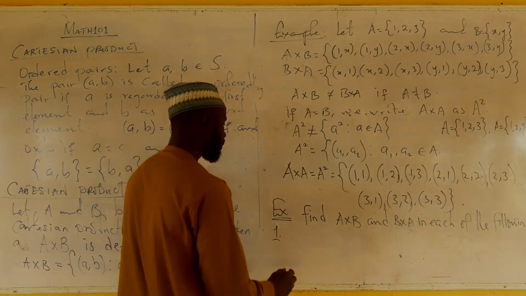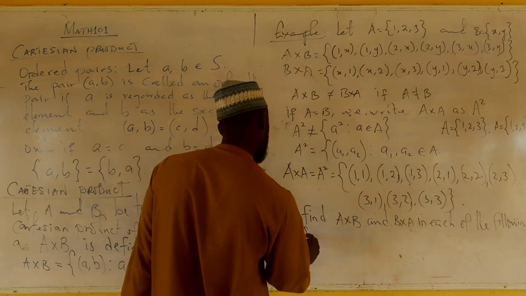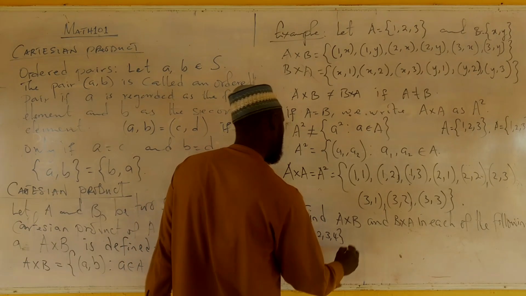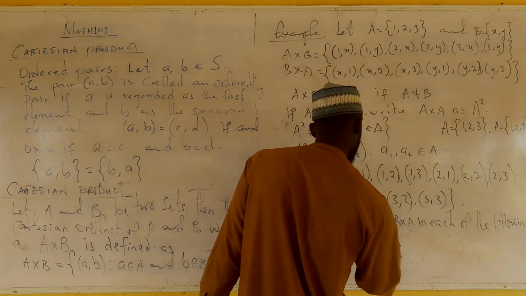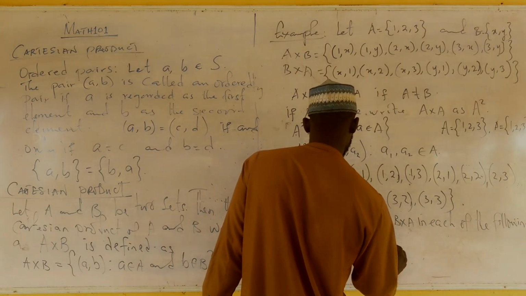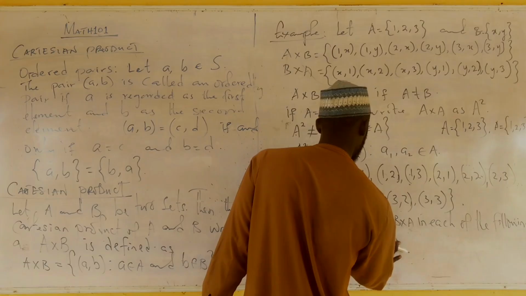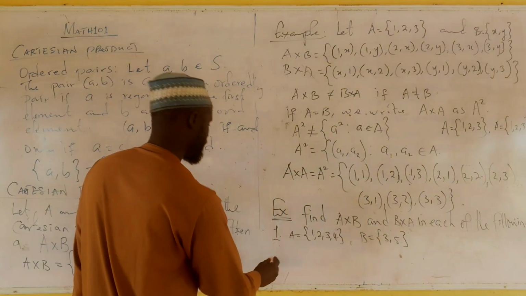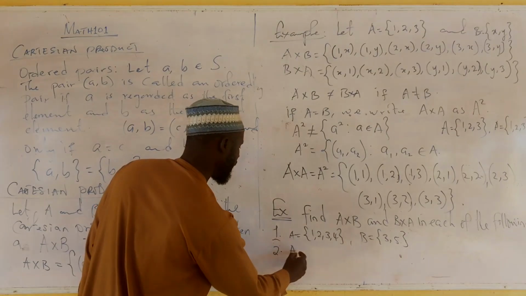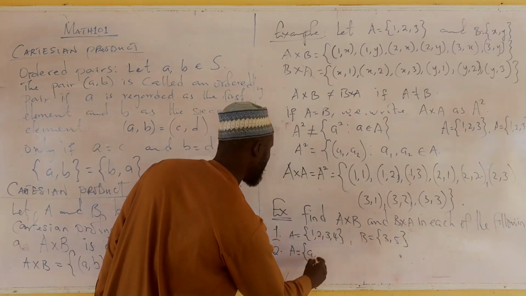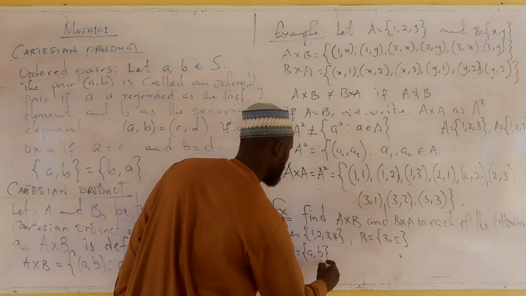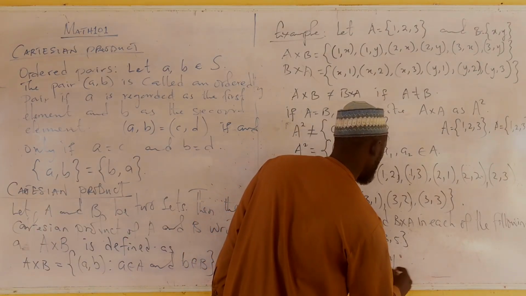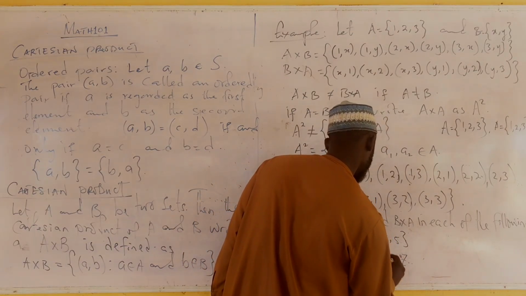One, A is equal to 1, 2, 3, 4 and B is equal to 3, 5. Two, A is equal to a, b while B is equal to x, y, z.